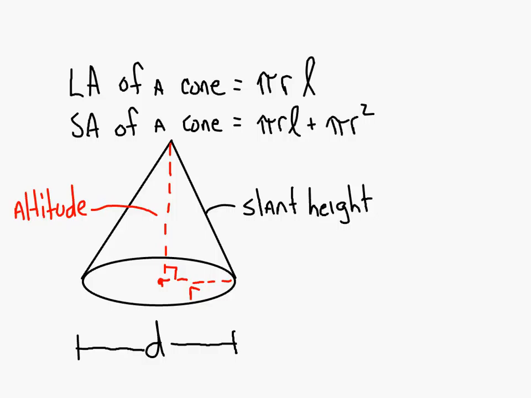All right, and remember, some of the pyramids that you're going to find the surface area of today will have different shapes as their base. So look at page 859. Number 9 is a triangular pyramid.